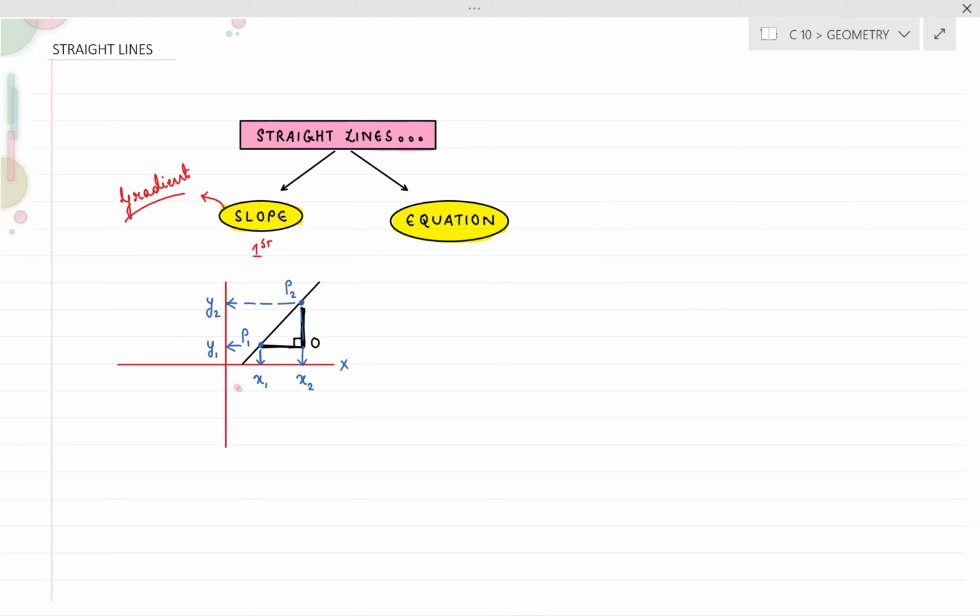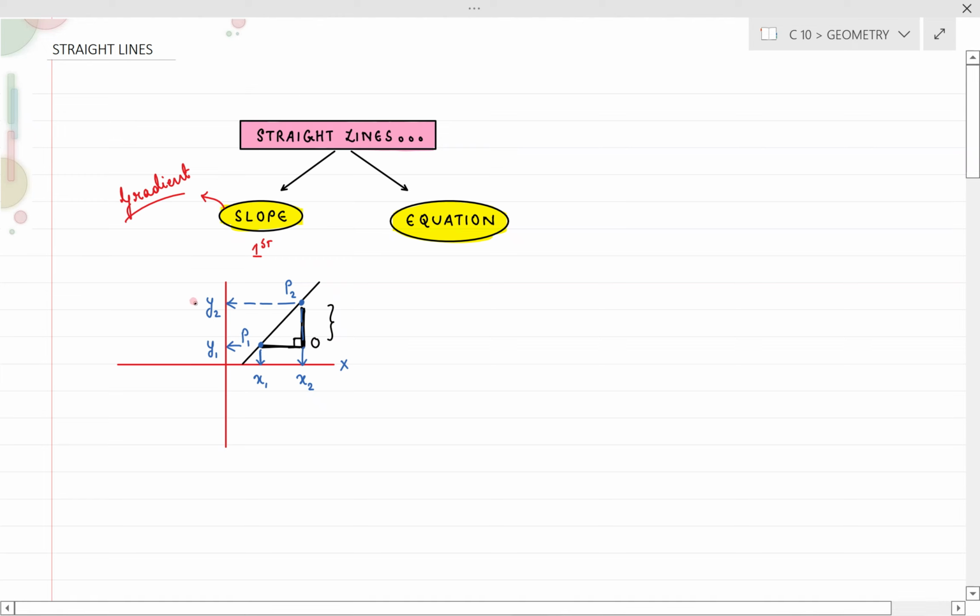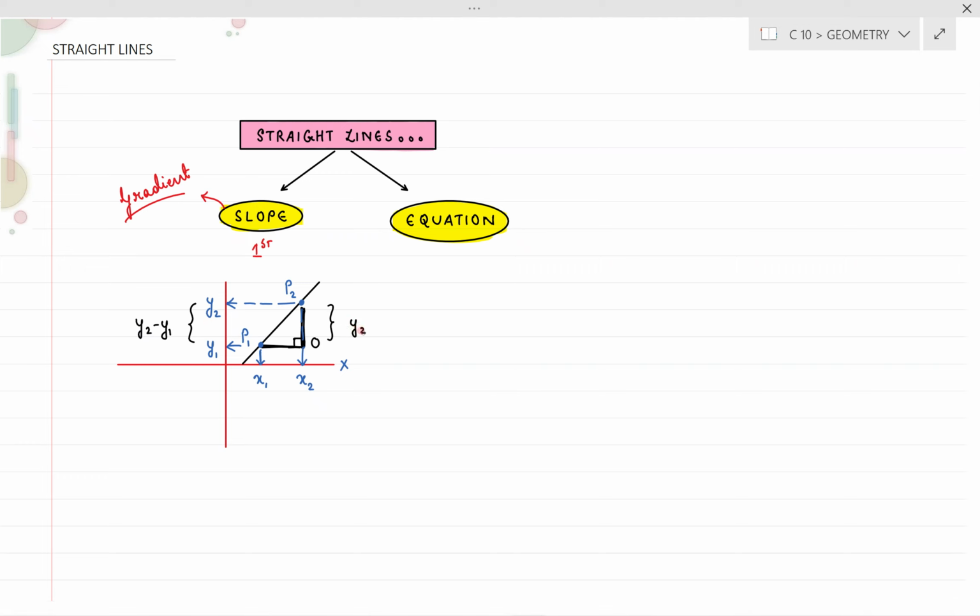Let this point be O. Now the value of OP2 will be equal to this value, and this value is y2 minus y1. So this will also be y2 minus y1. The value of OP1 will be x2 minus x1.